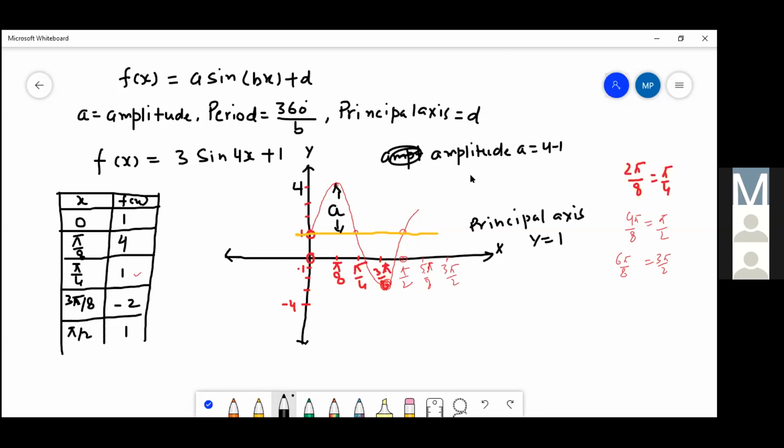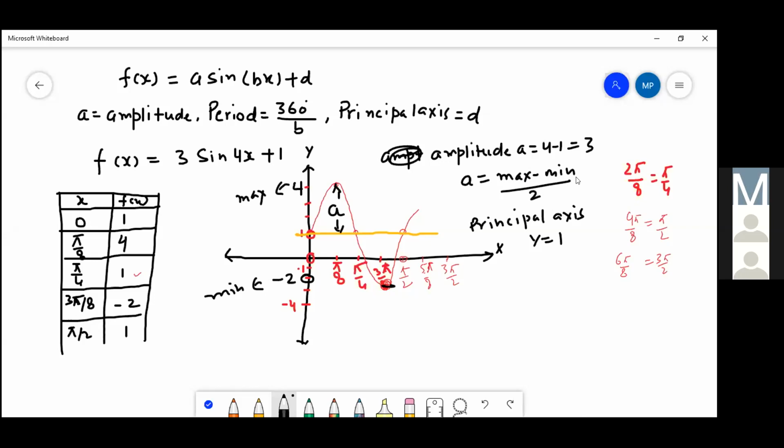Okay, there is one more formula for amplitude: maximum minus minimum. Maximum is 4 and minimum is minus 2. This is the minimum value of the curve, and 4 is the maximum. So the formula is maximum value minus minimum value over 2.